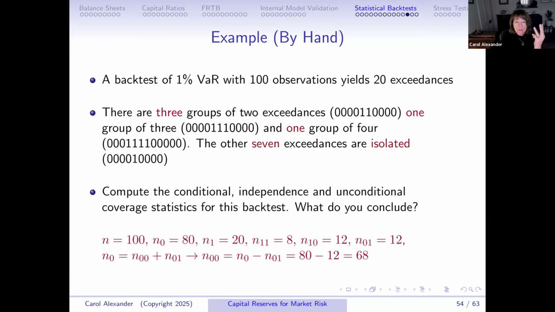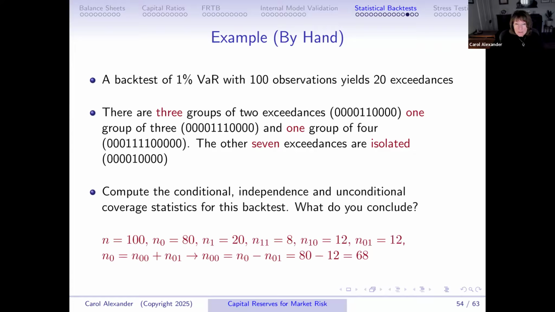And then we've got one group of 3 exceedances, where a 1 is followed by a 1 twice, so that's 5. We've got one group of 4 exceedances, and that's 3 times you've got a 1 followed by a 1. So it's 8 altogether, because the other 7 exceedances are isolated. So we've got 8 times that a 1 is followed by a 1, which means, because there are 20 1s altogether, there's 12 times that a 1 is followed by a 0, because we can get N10 knowing N1 and N11.